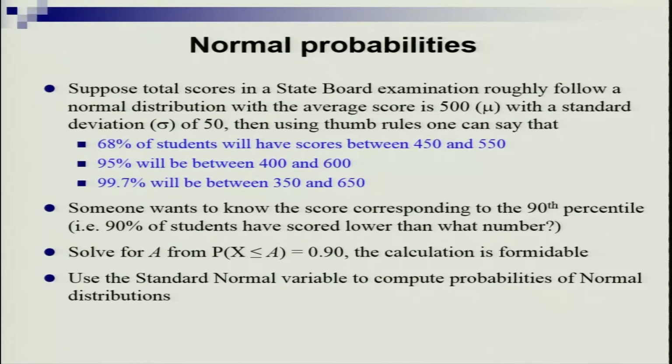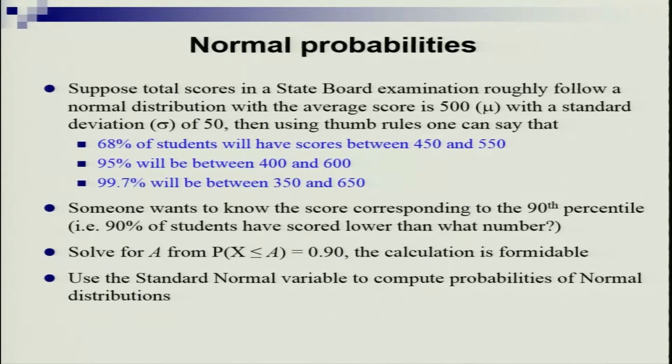Let us assume that a student has the scores obtained by other students in a state board examination, and that the total scores roughly follow a normal distribution with an average score of, say, 500, which is a proxy for the population mean, and a standard deviation sigma of 50.